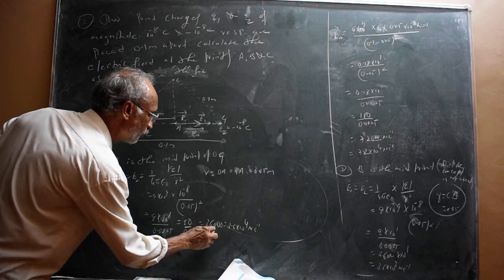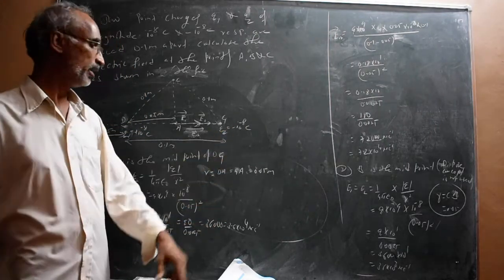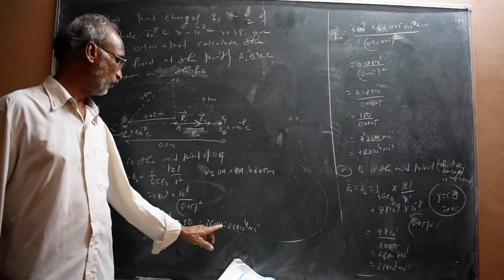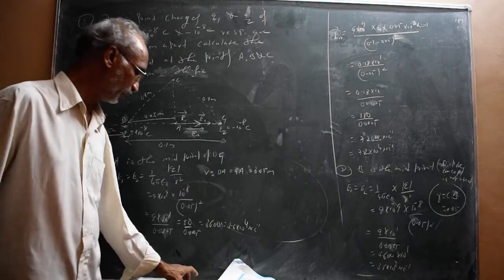Why 4? 1, 2, 3, 4. The decimal point is shifted four places to the left, therefore 10 to the power of 4 should be taken.